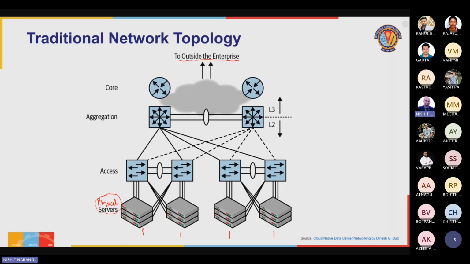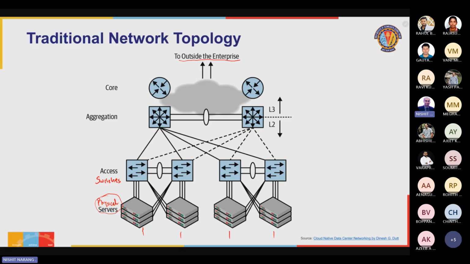So the first point of contact, or the connection point, for these physical servers is a set of switches which are called the access switches. So instead of the access network, you have the access switches, which are connecting the physical servers to each other, along with building some level of redundancy.